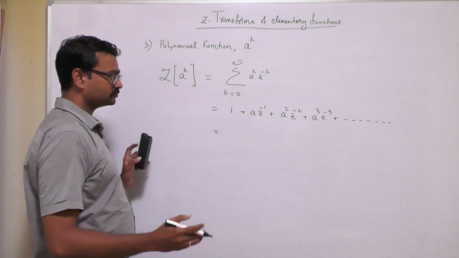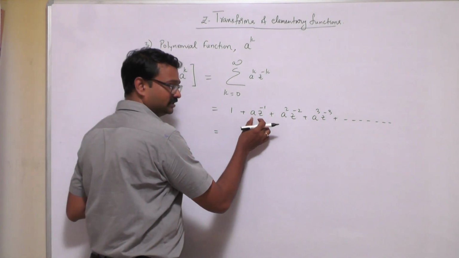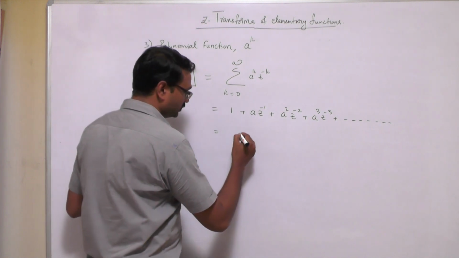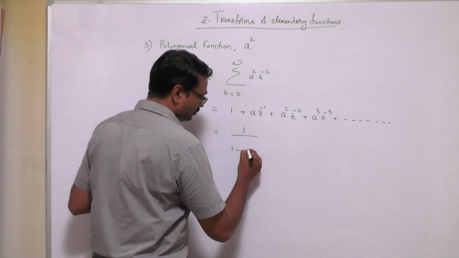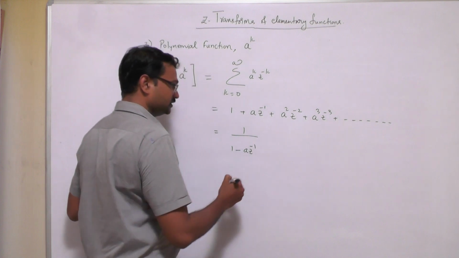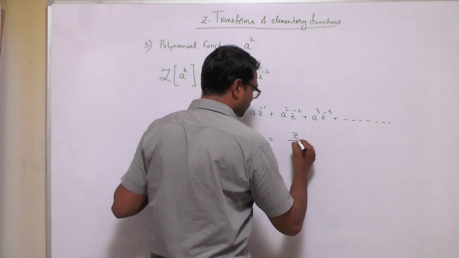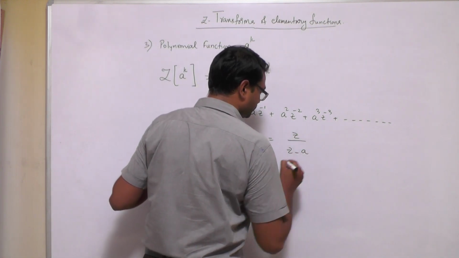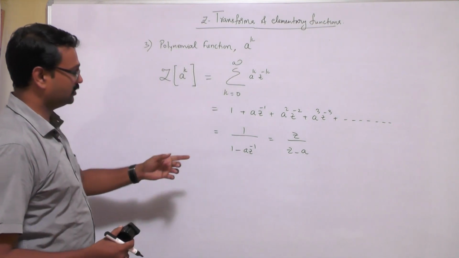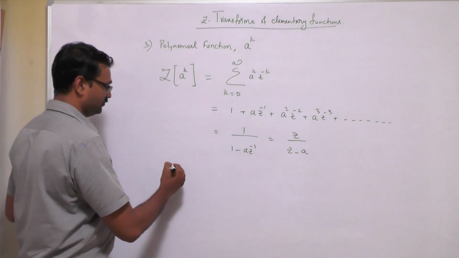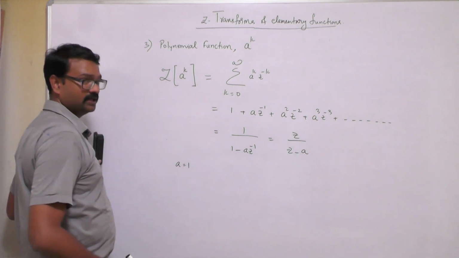Now a z inverse is the common ratio here, so by geometric progression you get 1 by 1 minus a z inverse, or z by z minus a. Now this can also be considered as the unit step function when a is equal to 1.